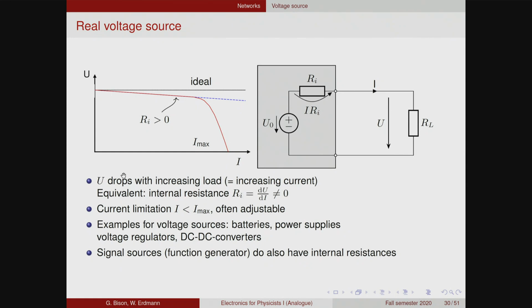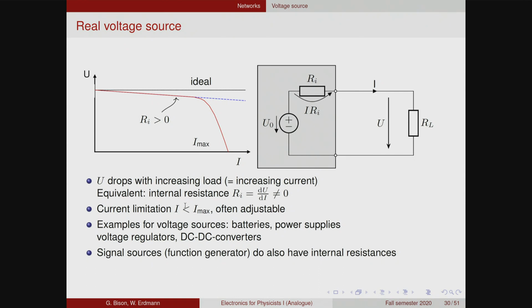So yeah, the voltage drops with increasing load, increasing current. And yeah, we can calculate the internal resistance by defining the slope in this diagram. So voltage over current deviation, or slope.